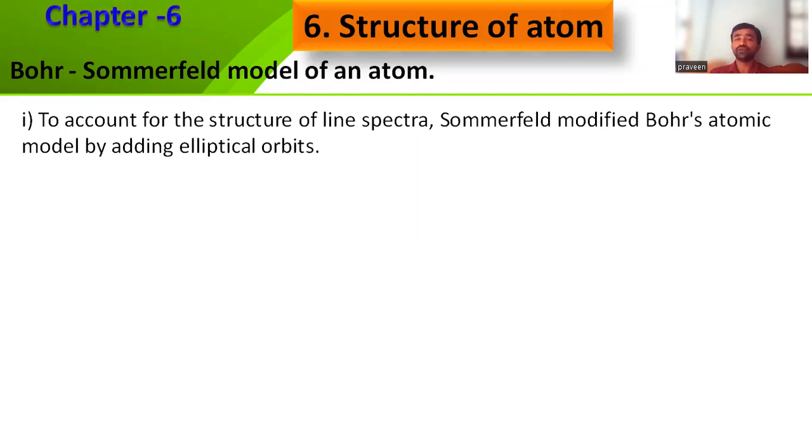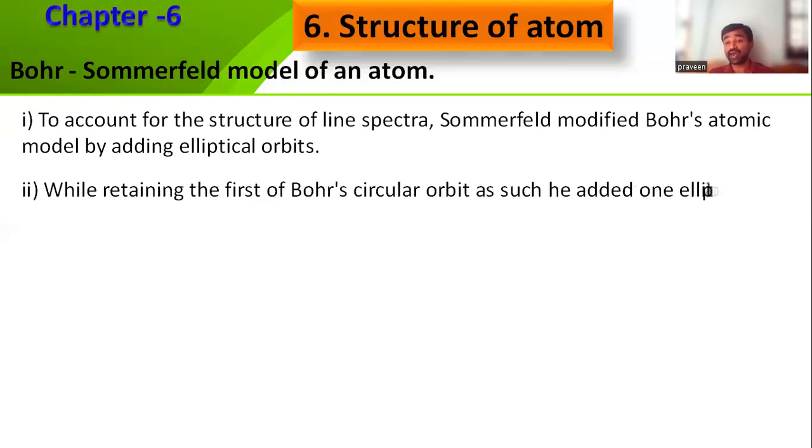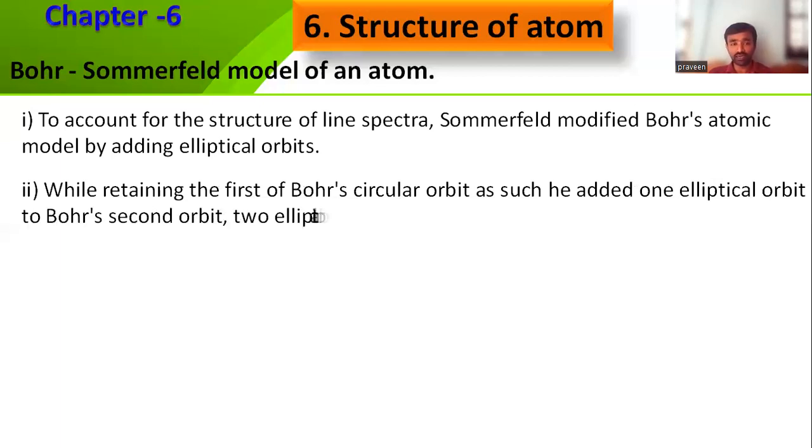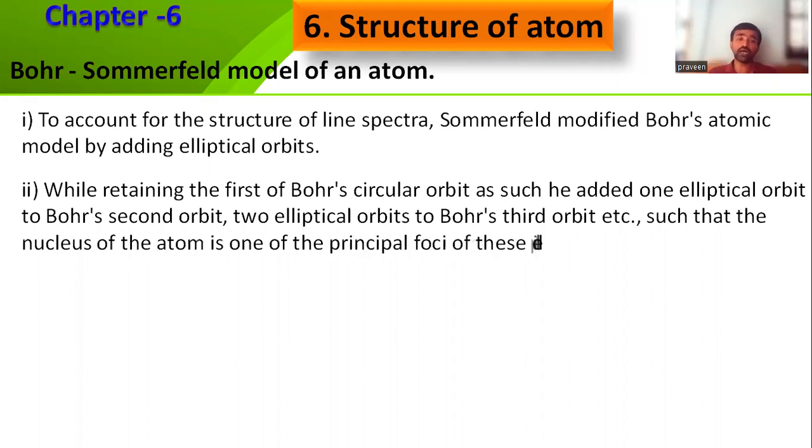The first orbit is left only with the circular orbit. But later on, every time he added one elliptical orbit. While retaining the first of Bohr's circular orbits as such, he added one elliptical orbit to Bohr's second orbit.